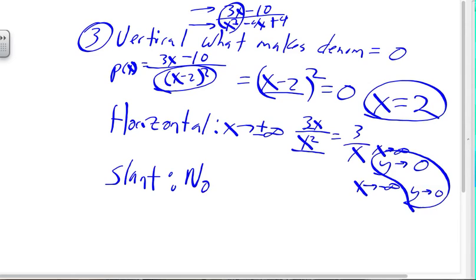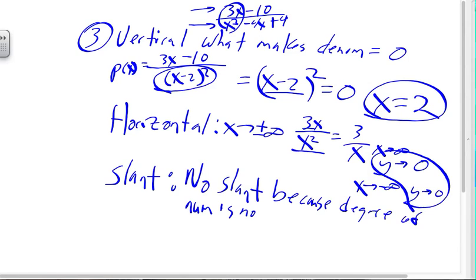We have no slant because the degree of the numerator is not 1 larger than the degree of the denominator. So we're done there.